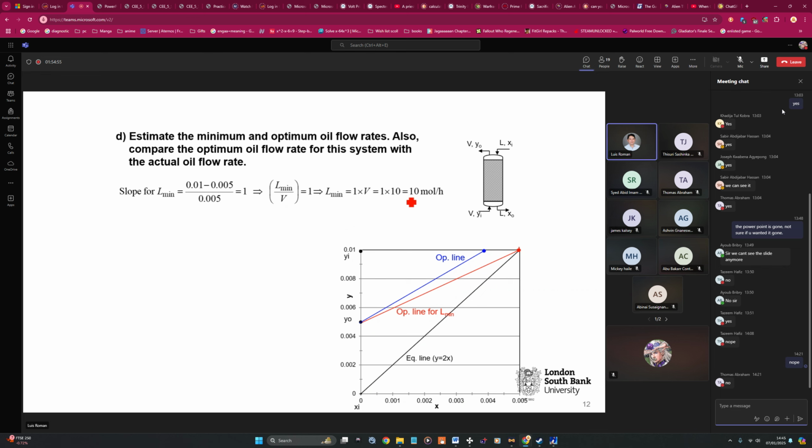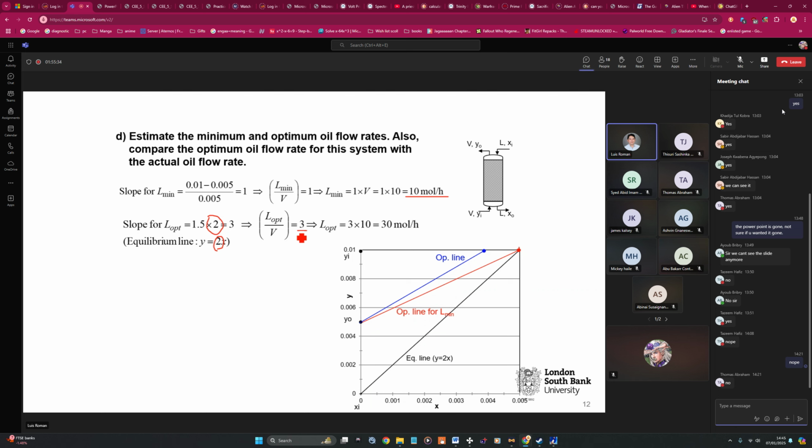So the minimum flow rate in this case is 10 moles per hour, and for the optimum, the slope of the operating line at optimum flow rate is 1.5 times the value of the equilibrium slope, which was 2. So you multiply 1.5 times 2, the slope of the equilibrium line, and now you have the value of the slope for the optimum.